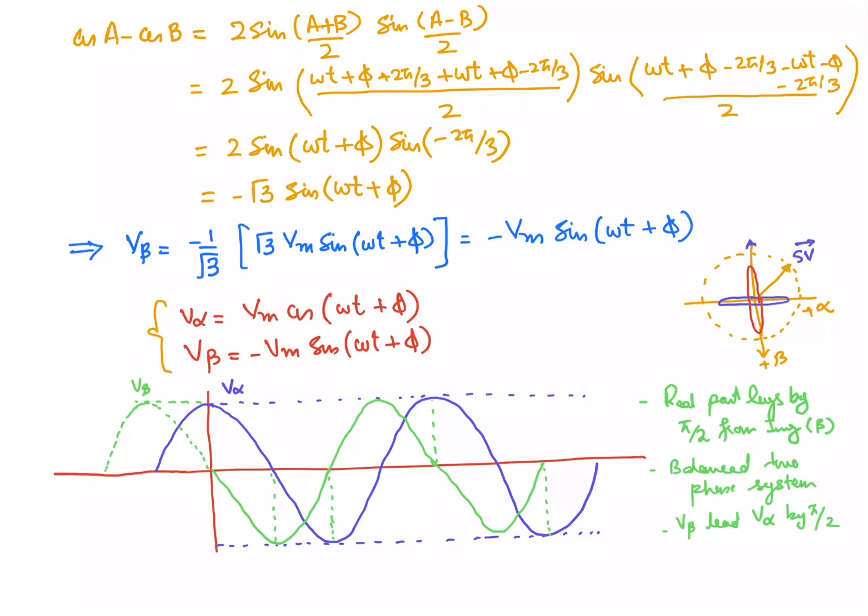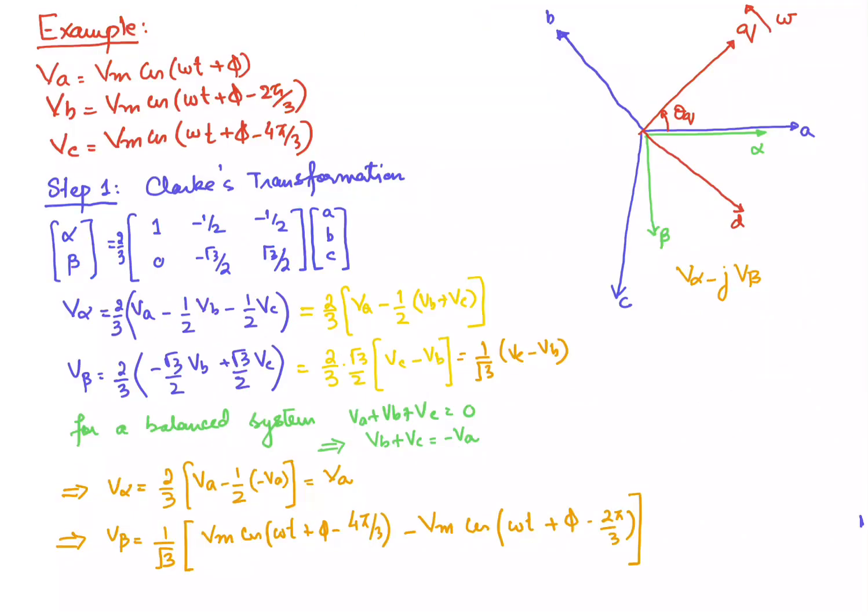So the resultant is the space vector that is rotating in the space, and that space vector is rotating at the speed equal to the speed of your rotating frame, that is this d axis and q axis.